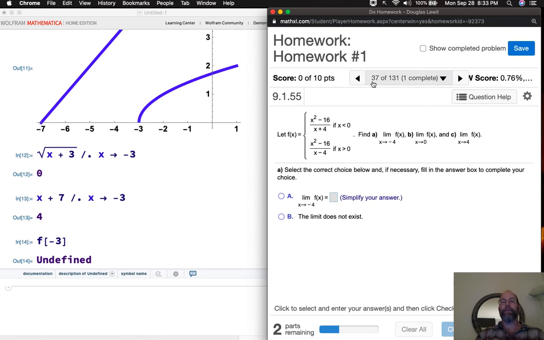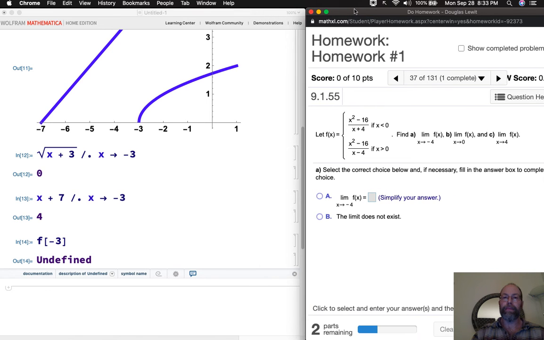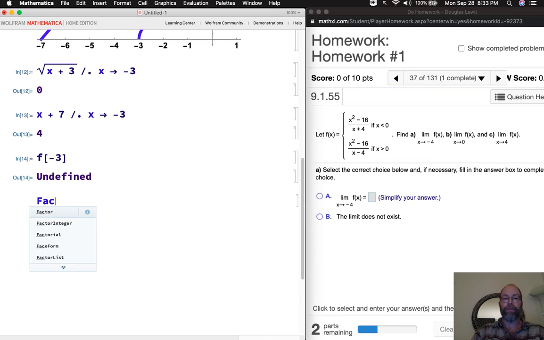So let's look at problem 37. Problem 37 is very, very similar. You just have to try to remember to do some algebraic factoring. So right over here, what is x squared minus 16 divided by x plus 4? Okay, well, we know, factor x squared minus 16.